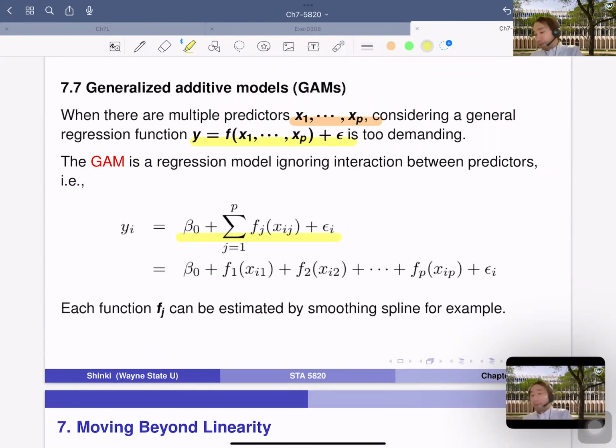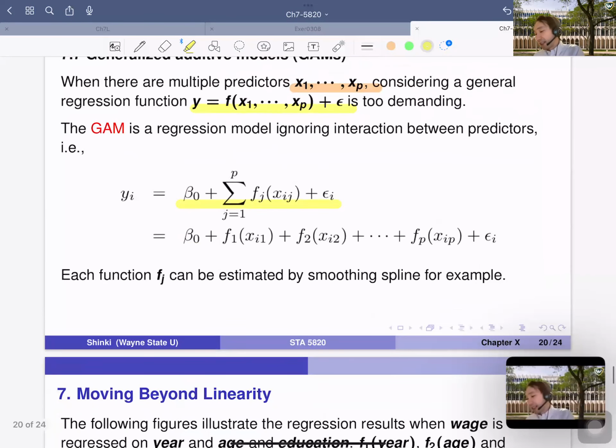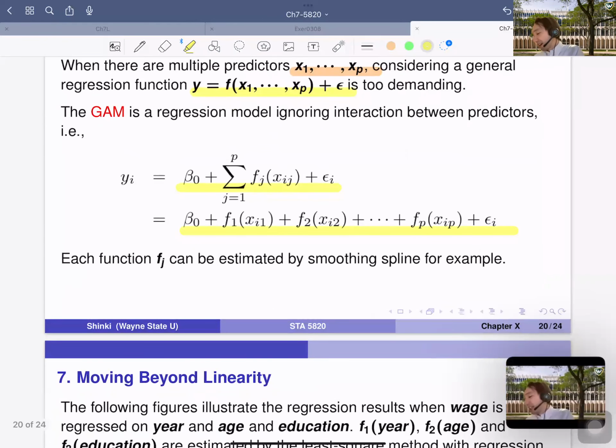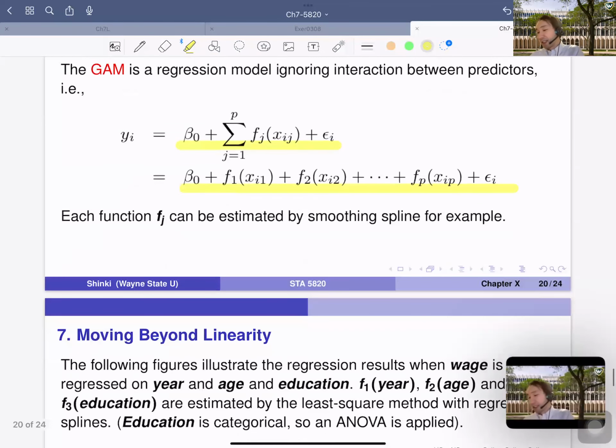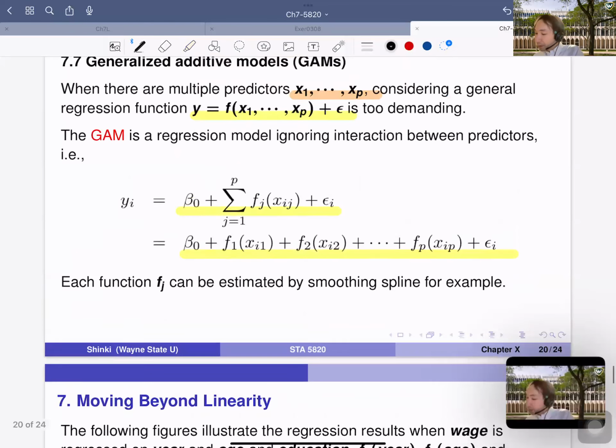Yes, that's true. Of course, it's not really realistic in some cases, but at least as a starting point, it makes sense that we consider a nonlinear function of x1, a nonlinear function of x2, but we don't consider the interaction terms. If you want to include it, of course, you can increase the number of variables, like x1, x2, or maybe the square root of x1, x2.